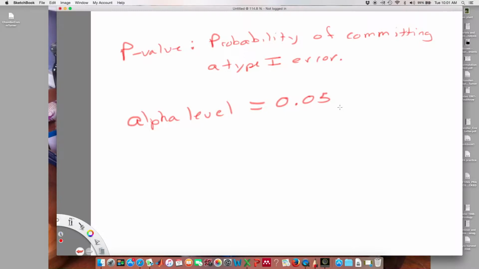So just like no person is perfect, no experiment is going to be 100% perfect all of the time. So as scientists, we're okay being wrong 5% of the time. So 5% wrong equals okay for us. All right? So whenever we're analyzing these statistics and we're trying to determine how to interpret our results, we use 0.05 as a cutoff point.